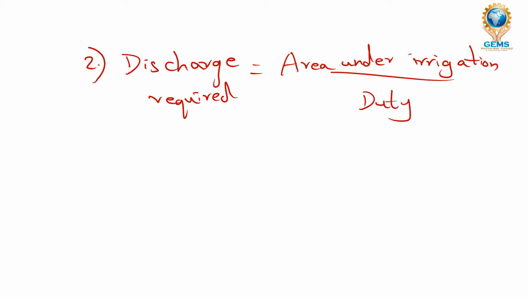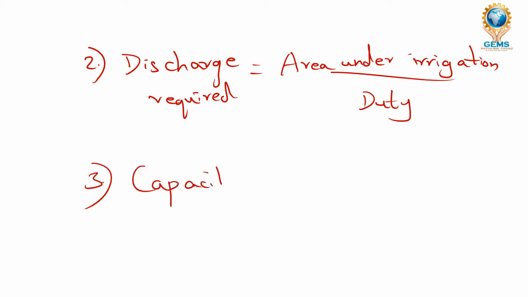Duty is what I explained: 1 cumec of water given to a crop from its sowing period to its entire growth, and it is expressed in hectare per cumec.